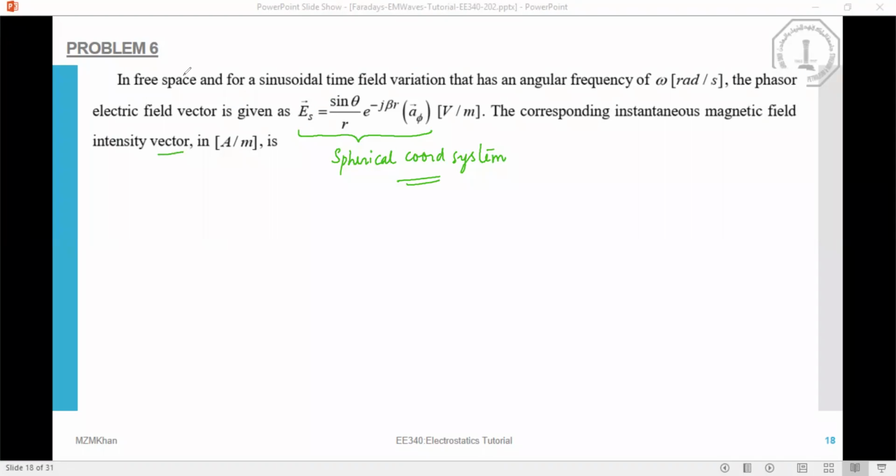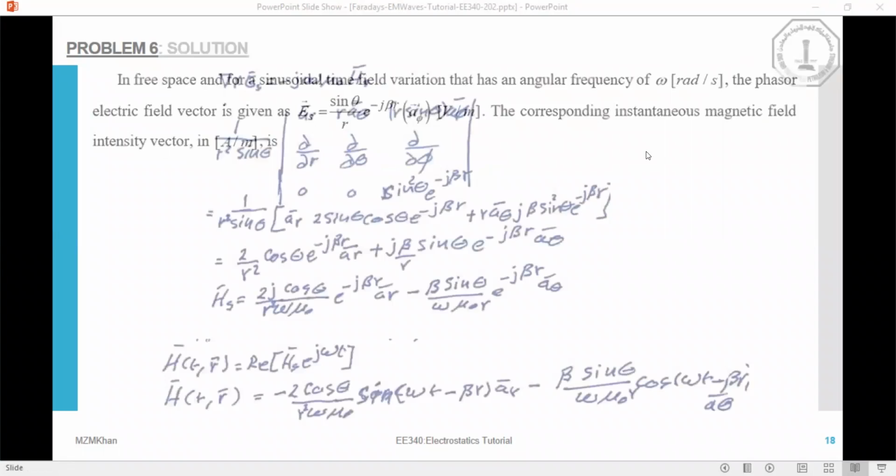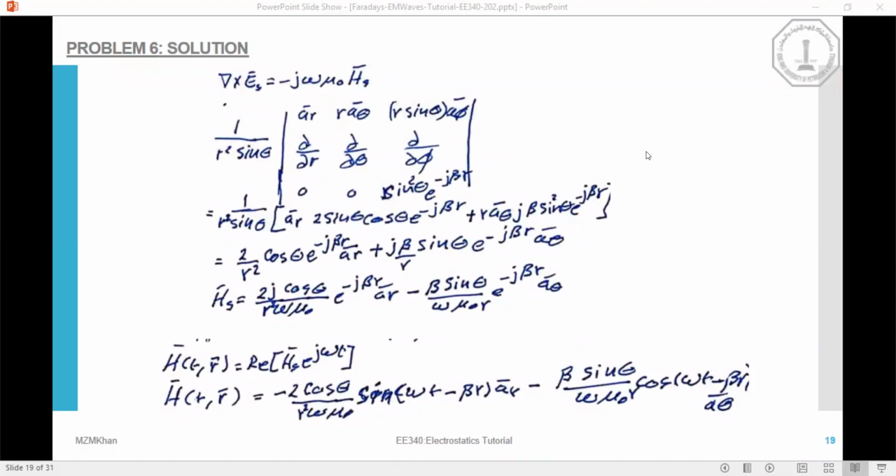Since it is in the spherical coordinate system, I would suggest that you directly use Maxwell's equation. Don't use the idea which I showed you in the previous example, where you can directly find the electric field component using E cross H as the direction of propagation.